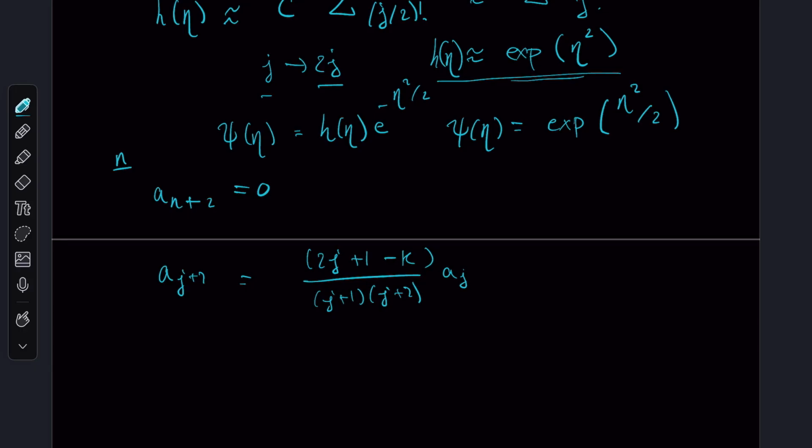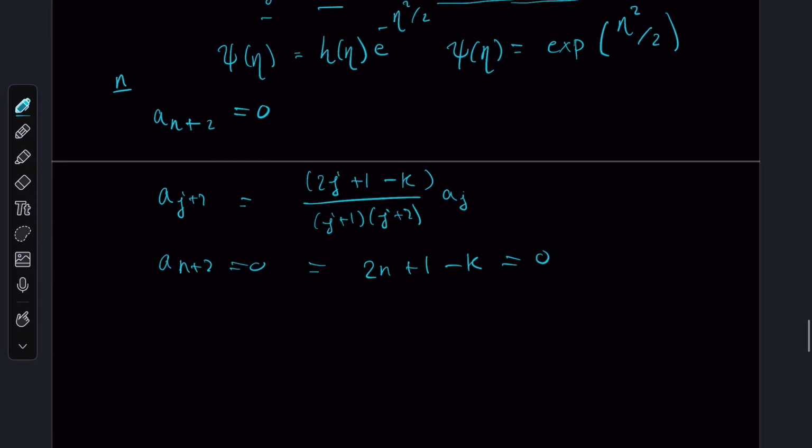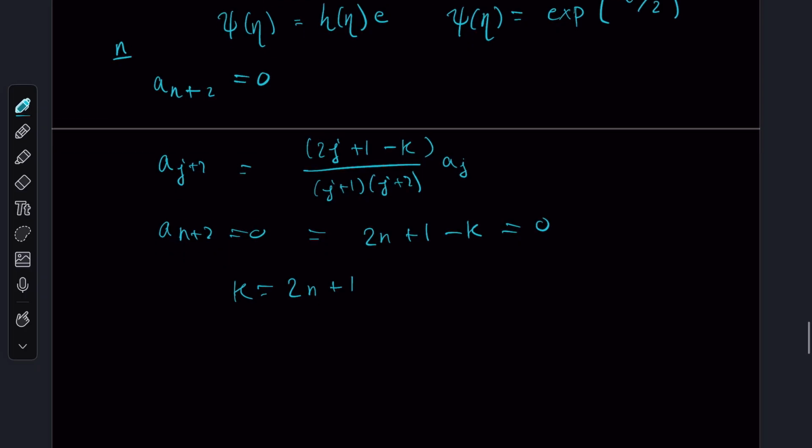Right, and if we require that a sub n plus 2 is equal to 0, then we have that 2n plus 1 minus k must evaluate to 0, and k is equal to 2n plus 1.